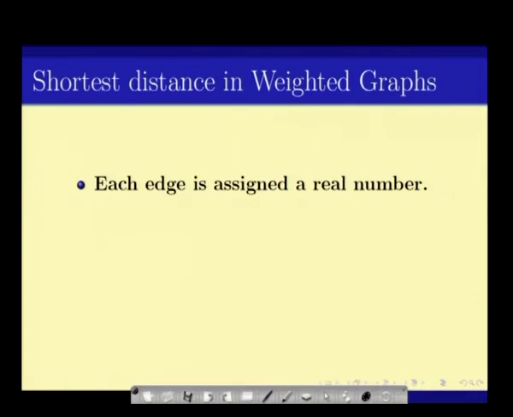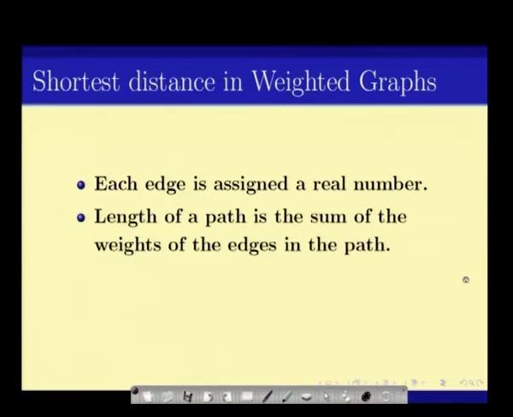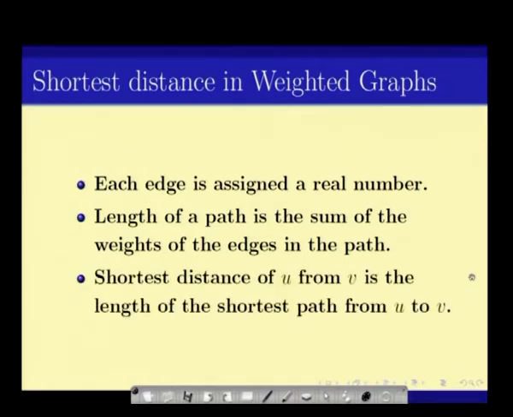We can also have a more complicated one, where we have weights assigned to each edge, and the length of a path is defined as the sum of the weights on the edges in the path, and the shortest distance from u to v is the length of the shortest path from u to v.